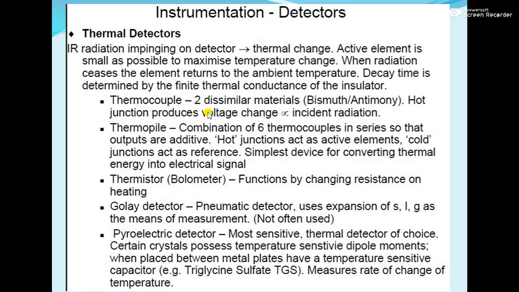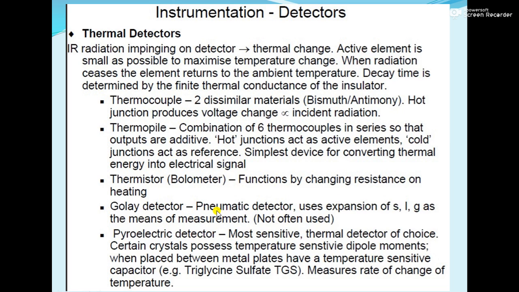The resulting current is directly proportional to the IR radiation falling on the detector. In this way the thermocouple is used. Now if we talk about the bolometer, platinum or nickel is used in the bolometer, and it is a type of resistance thermometer used to measure weak thermal radiations. With the help of the bolometer, weak thermal radiations can be detected, and a change in resistance is observed due to the change in temperature.